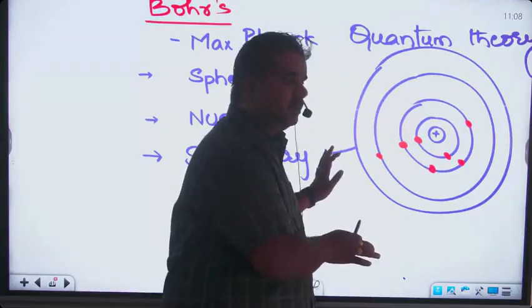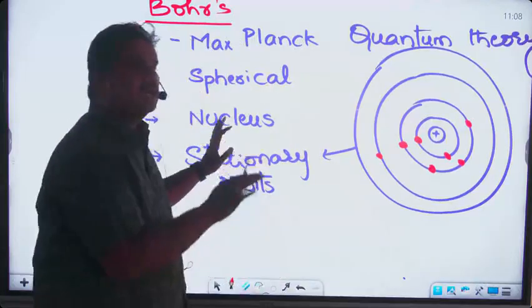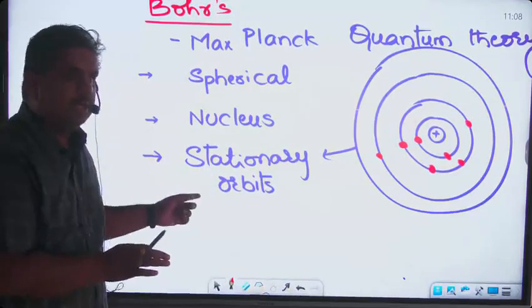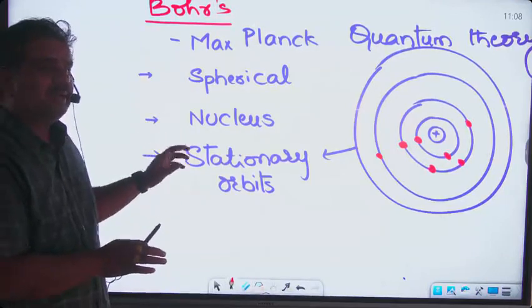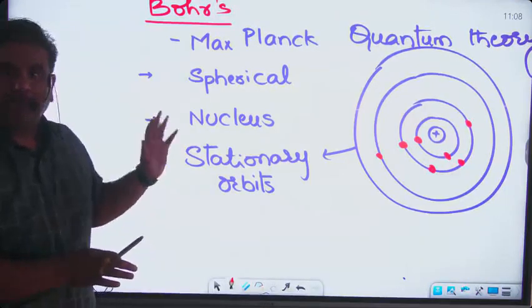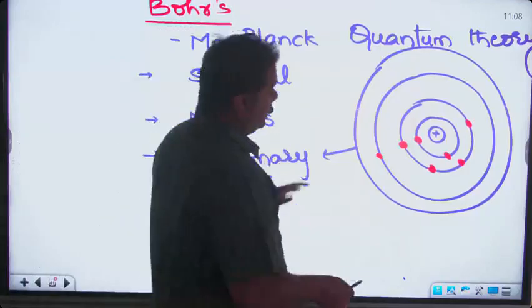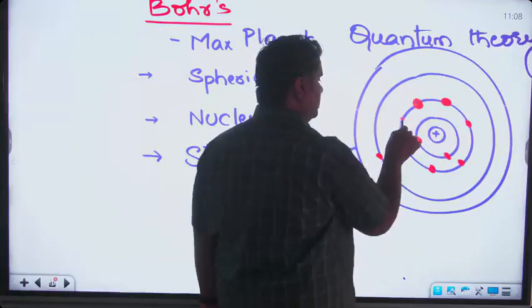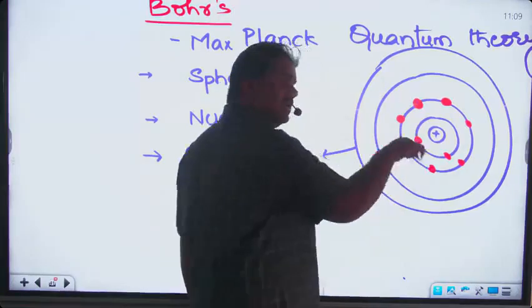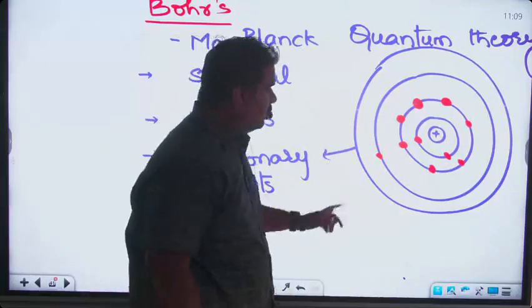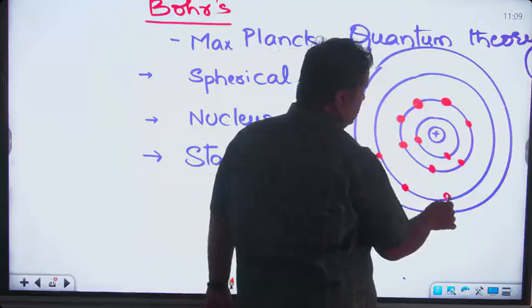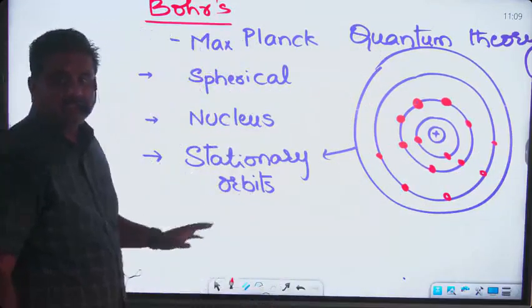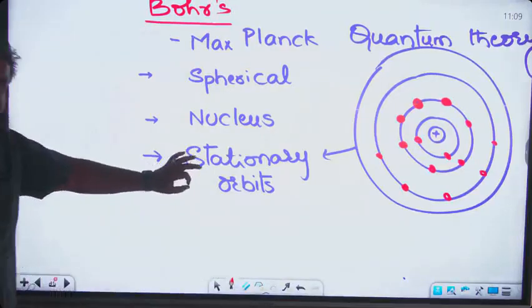Earlier we said that in the Rutherford model, according to classical mechanics, electrons rotating in a circular orbit must lose energy, and when energy is lost the atom will not be stable. But whereas in this case, what did Niels Bohr propose? Electrons are present around the nucleus in stationary orbits, and as long as they rotate there they will never lose or gain energy. That is the reason why they are known as stationary orbits.